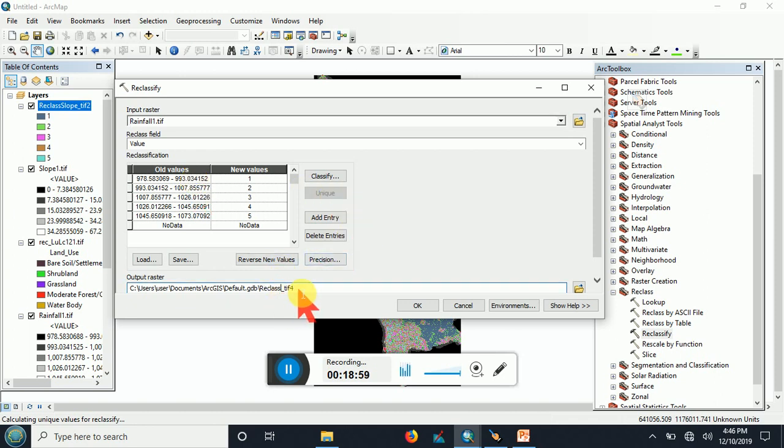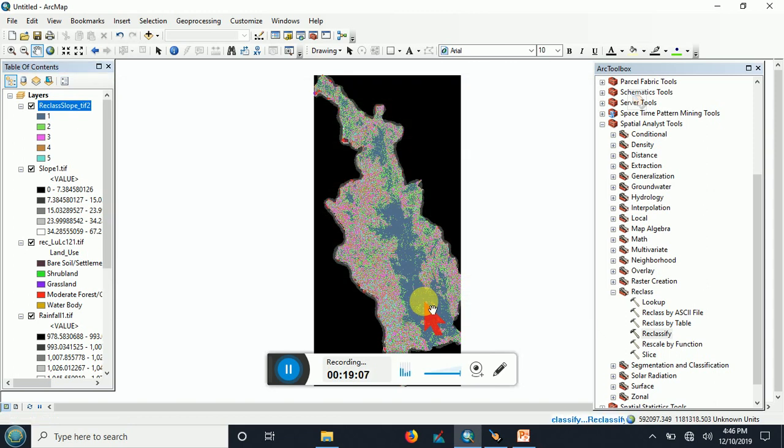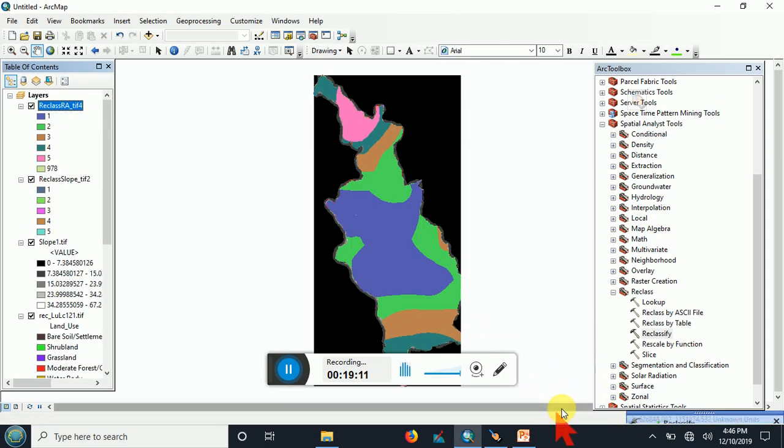Again, please change the file name into reclassify rainfall. In that case, I can write RA. Then click on OK. Now you can see the status bar, and the reclassified rainfall is already generated.